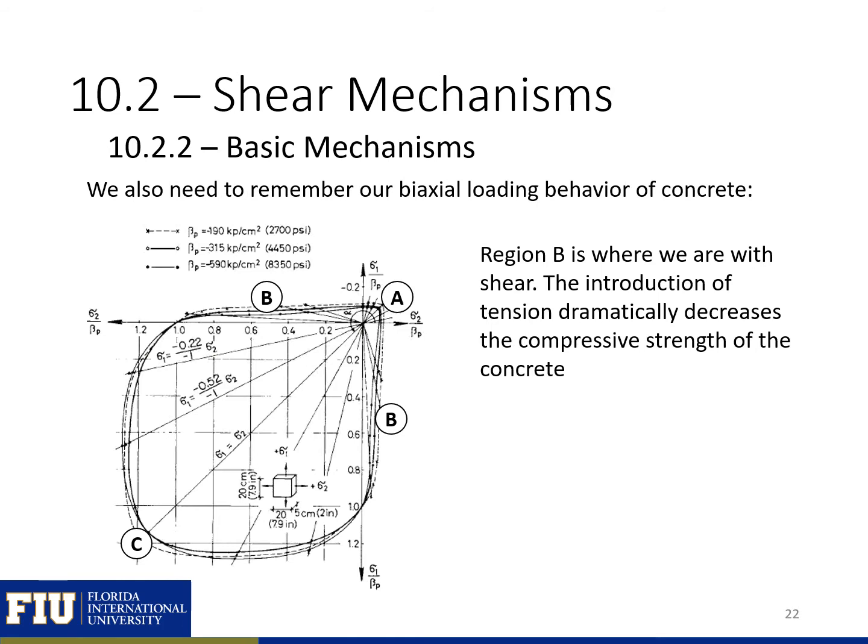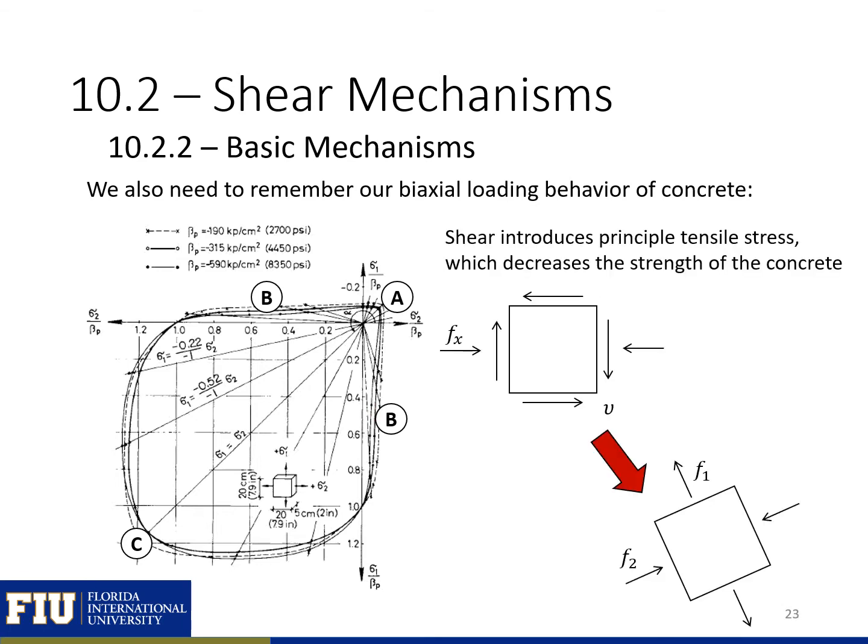We can also remember from our discussion on biaxially loaded concrete that when we introduce tension, we're going to dramatically decrease our compressive strength. So in shear, we're introducing transverse tension. So you can see as we introduce some tension in region V, we're going to decrease the compression strength of our concrete. So again, here we're introducing transverse tension, which will decrease our compression strength of our concrete, F2.